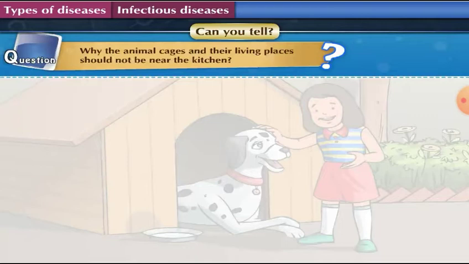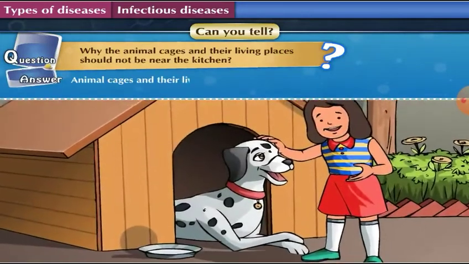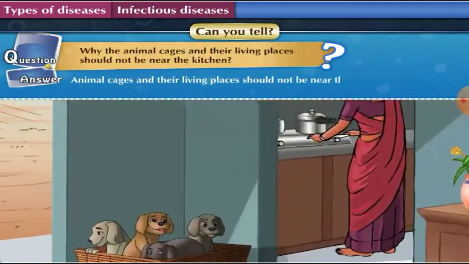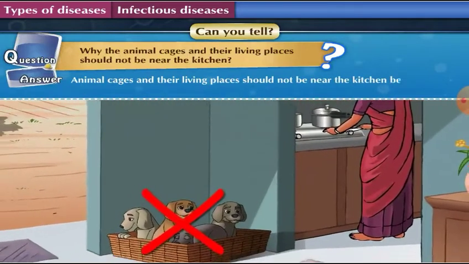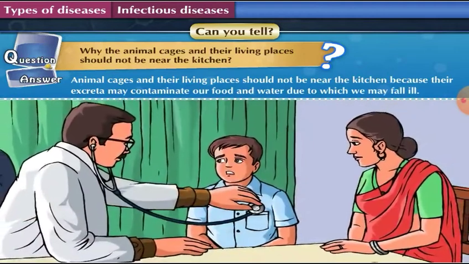Why should animal cages and their living places not be near the kitchen? Animal cages and their living places should not be near the kitchen because their excreta may contaminate our food and water, due to which we may fall ill.